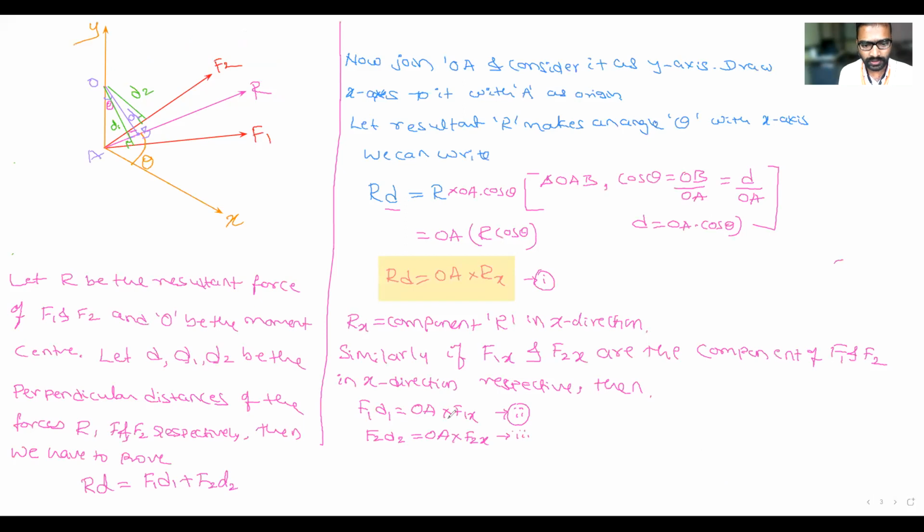Okay. So I am adding equation number 2 and 3. So what will you get? F1 into D1 plus F2 into D2 is equal to OA into F1x plus OA into F2x.